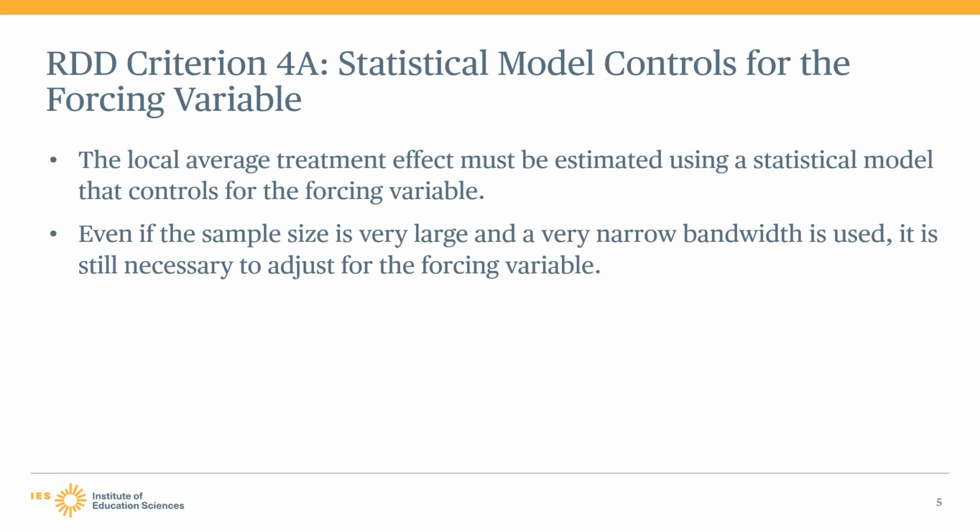In an RDD, for both bias and variance considerations, it is never acceptable to estimate an intervention impact by simply comparing the mean outcomes for intervention and comparison group members without adjusting for the forcing variable, even if there is only a weak relationship between the outcome and forcing variables.